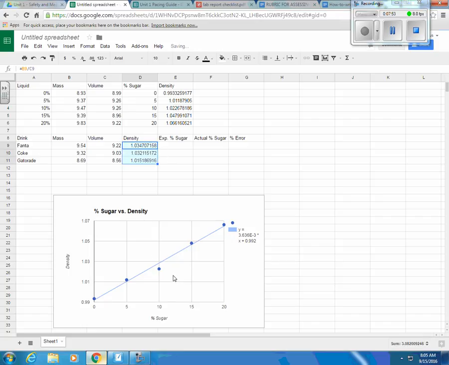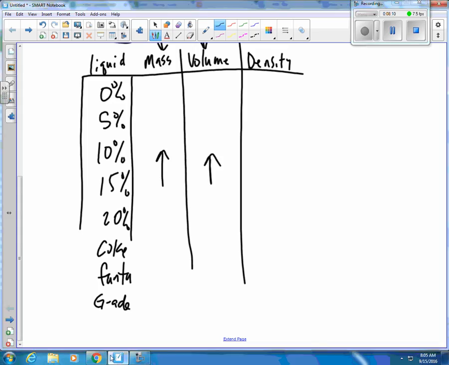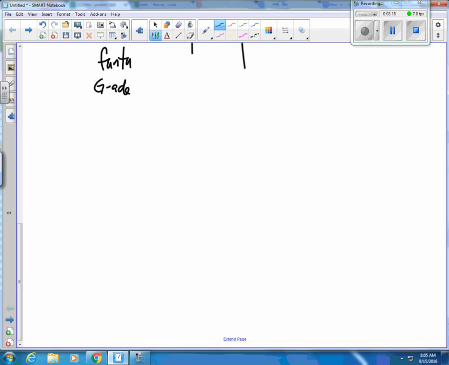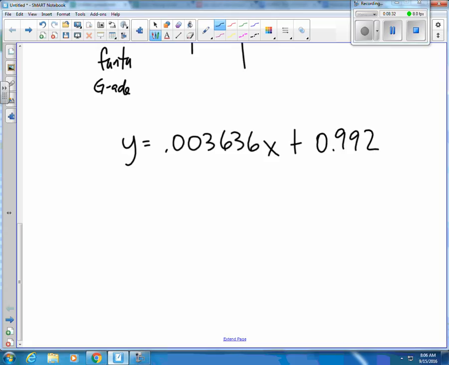Now we're going to use this line to interpret this data. For our experimental percent sugar, we're going to use this graph right here. Let me show you how to isolate the x. Our equation here is y equals 0.003636x plus 0.992.